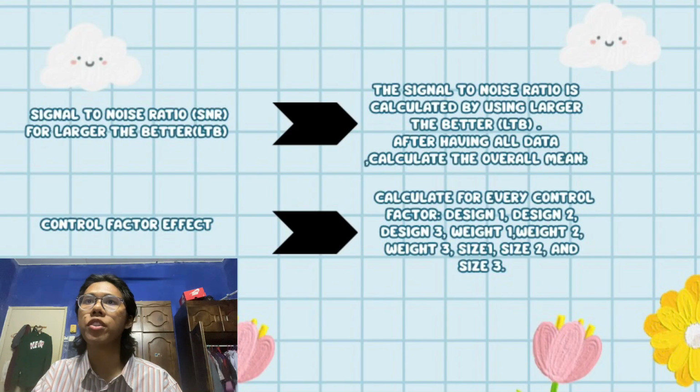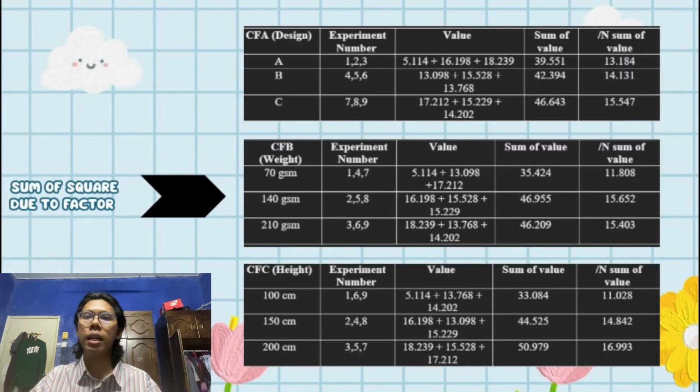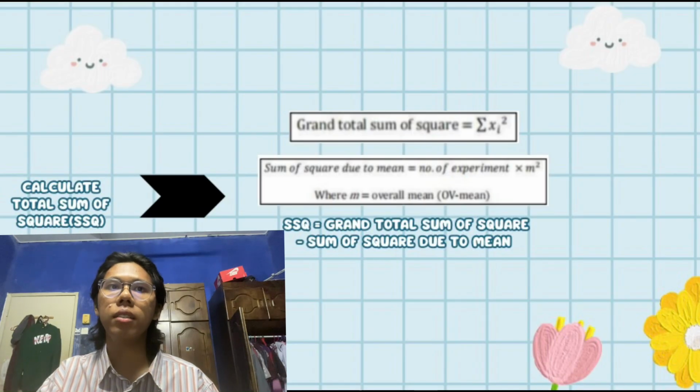The signal to noise ratio is calculated by using larger the better, after having all data, calculate the overall mean, and control factor effect for every control factor: design 1, design 2, design 3, weight 1, weight 2, weight 3, size 1, size 2, and size 3. These are the sum of squares due to factors shown in the tables in this slide. This is to calculate the total sum of squares.